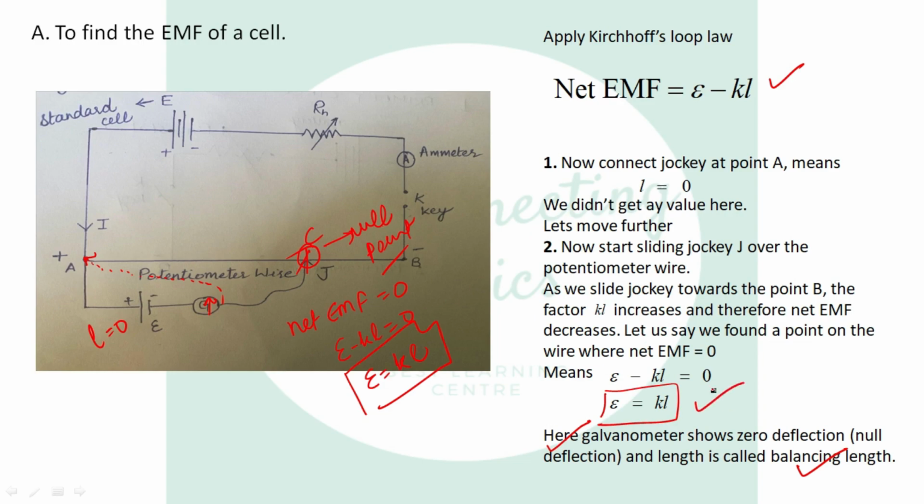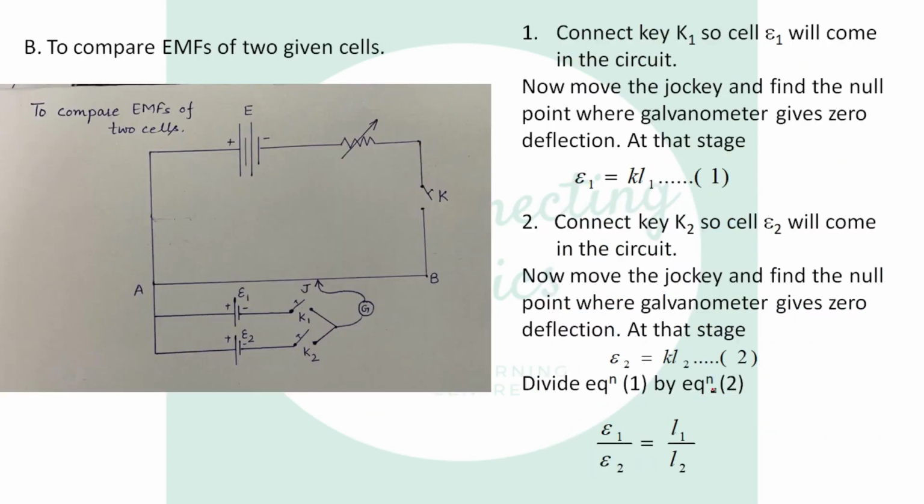Now let us understand how to compare the EMFs of two given cells. Start with the primary circuit. At point A, connect two cells, E1 and E2, and be sure that the positive terminals of the cells are connected at point A. Here E1 and E2 are the two cells whose EMFs are to be compared.